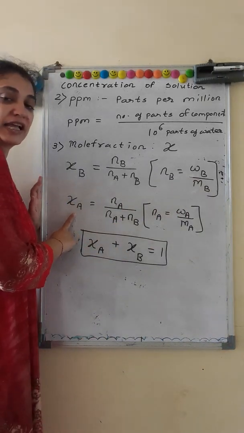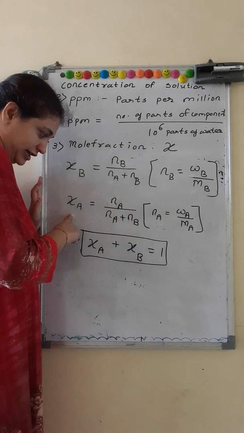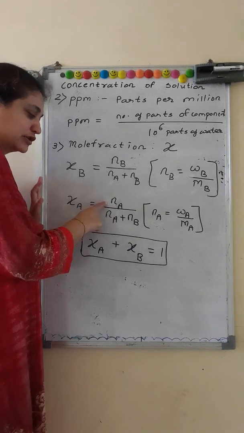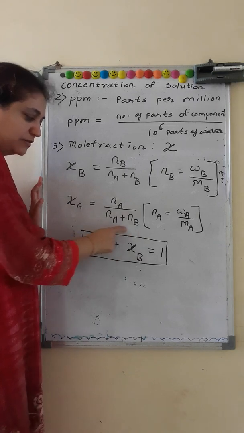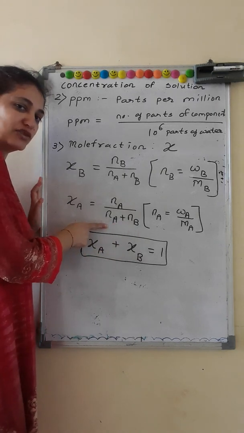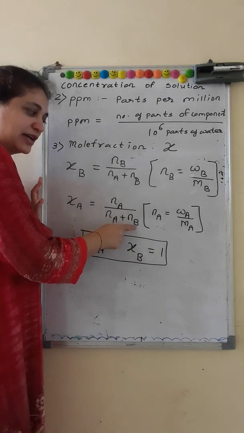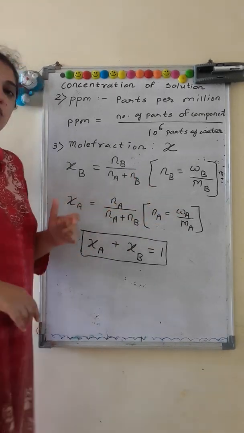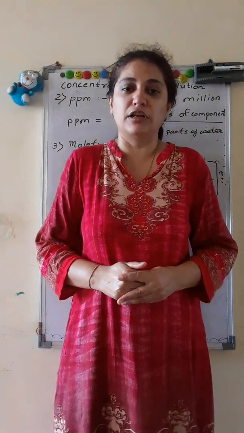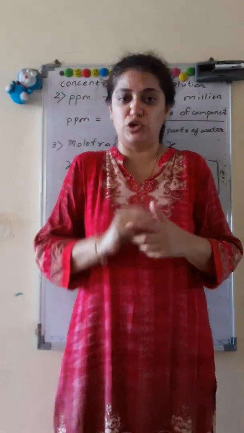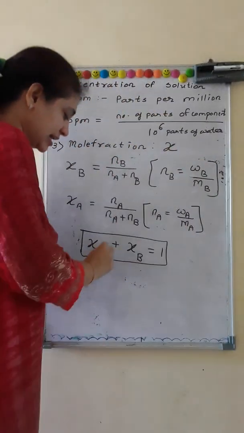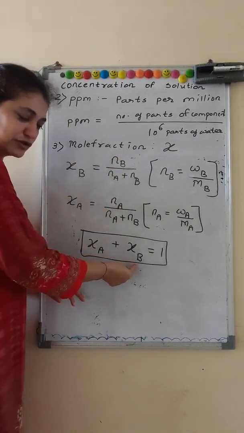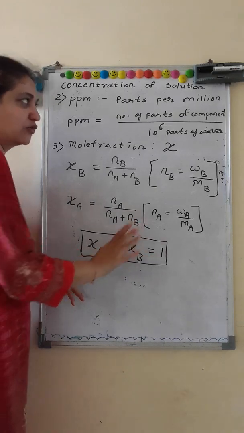Similarly, chi A is mole fraction of solvent and it is calculated as number of mole of solvent divided by total number of mole of all component in solution, that is Na plus Nb, and the same way we can calculate Na. Now for a particular solution, if it contains only two components, then chi A plus chi B, mole fraction of solvent and mole fraction of solute, their addition will be equal to 1.